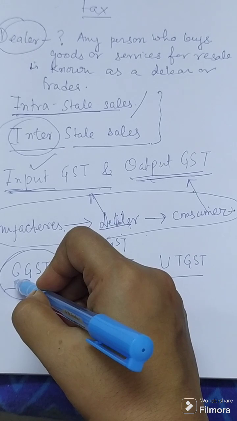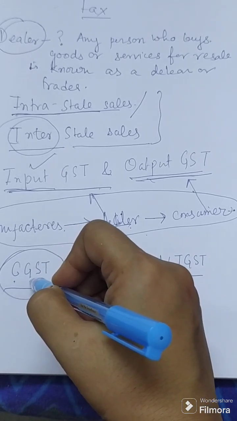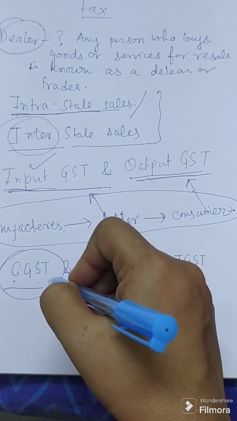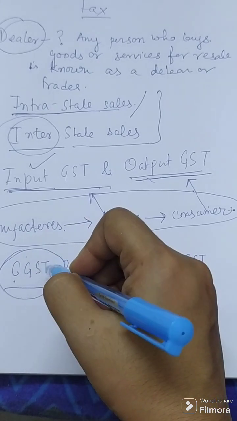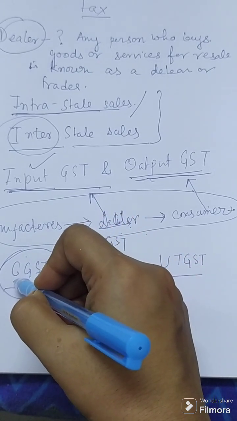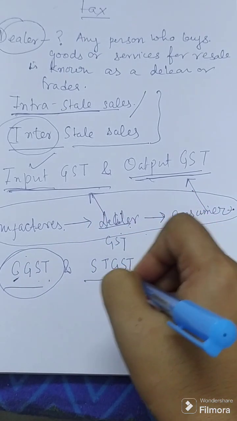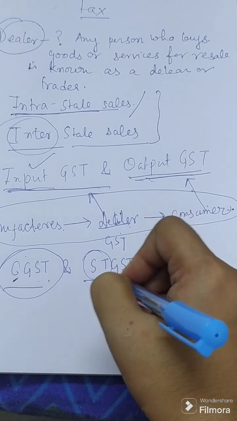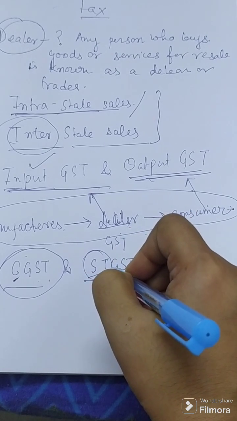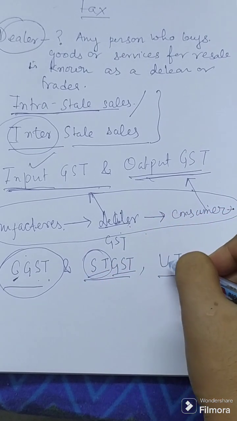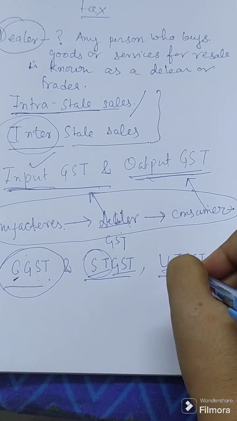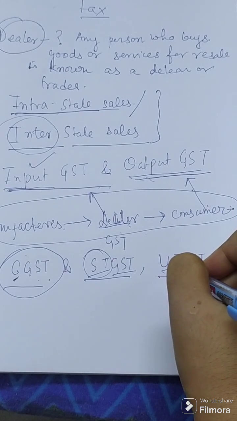CGST is the Central Goods and Services Tax. That means the GST which we pay to the central government is CGST. The GST which we pay to the state government is state GST, and the GST we pay to the Union Territory is known as UTGST. Okay.